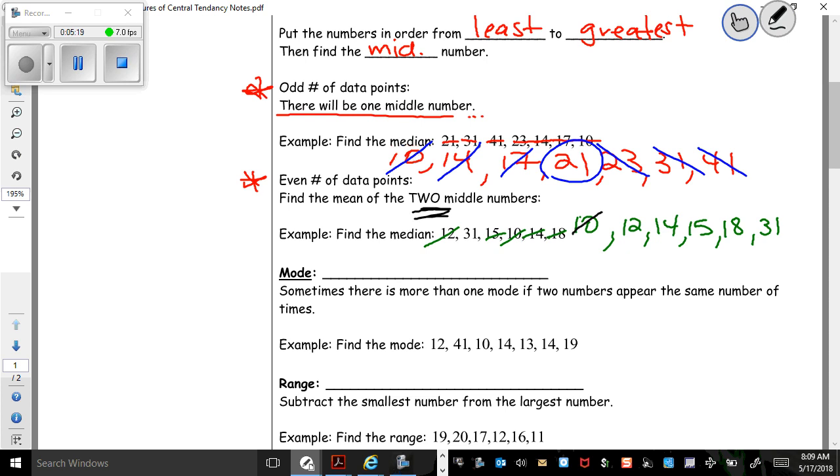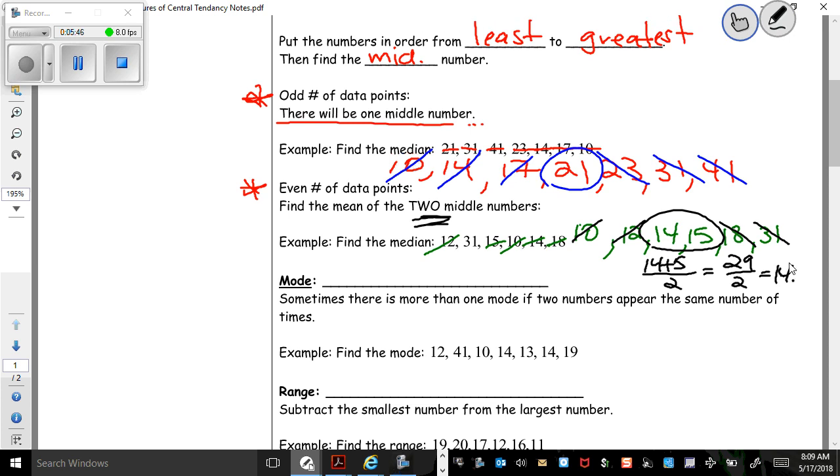Two middle numbers. So that one, that one, that one, that one. Those are our two middle numbers. So you add them and then divide by 2. We take the mean of those two, the average. So 14 plus 15 divided by 2. 29 divided by 2, which I hope you know is just 14.5.